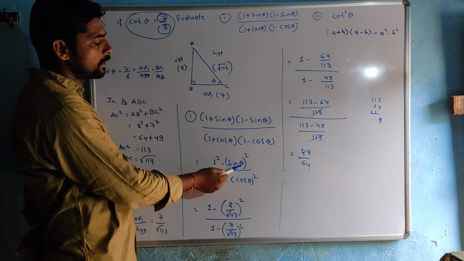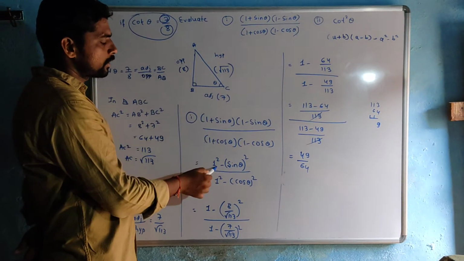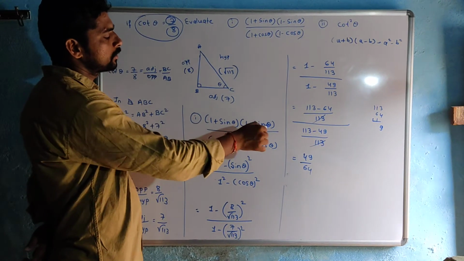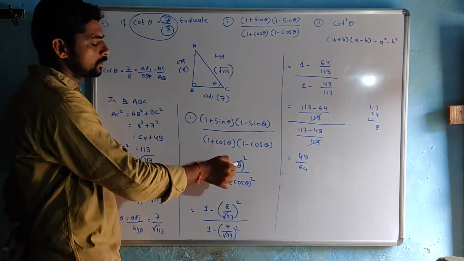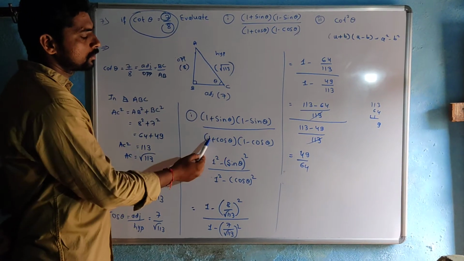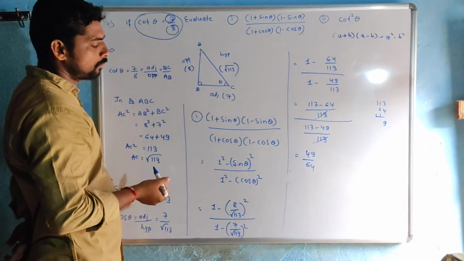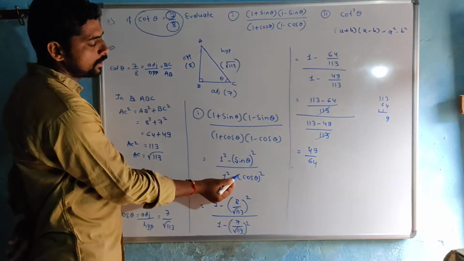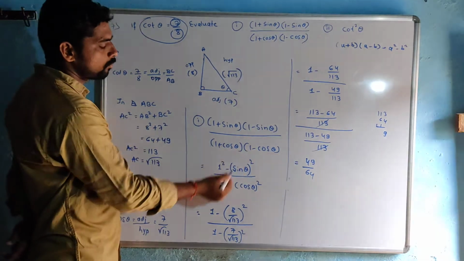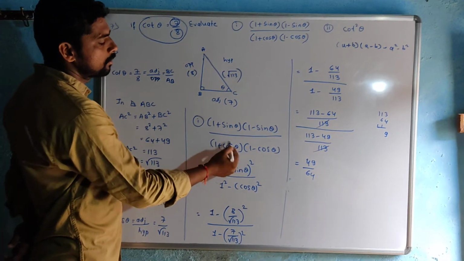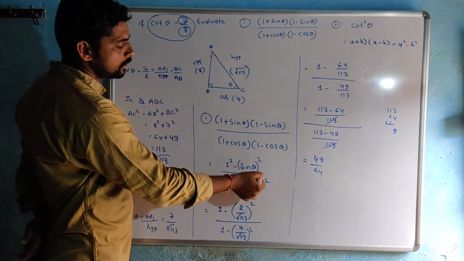Therefore, A square minus B square. A square is 1 square, B is sin theta, bracket square. Same for the denominator, A square minus B square, that is 1 square minus cos theta square.